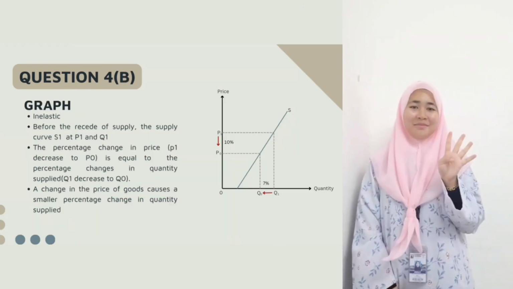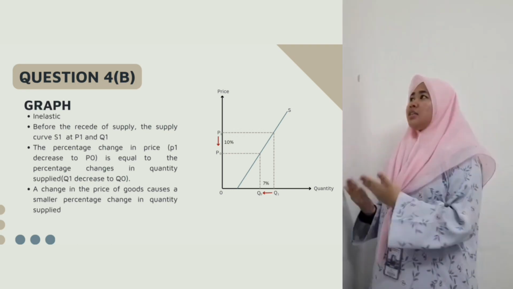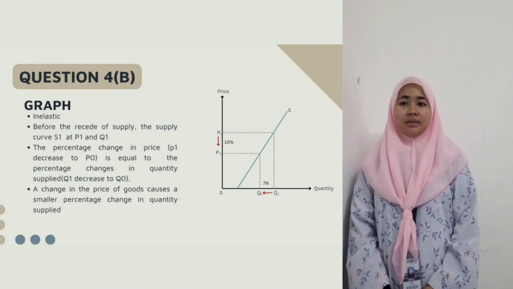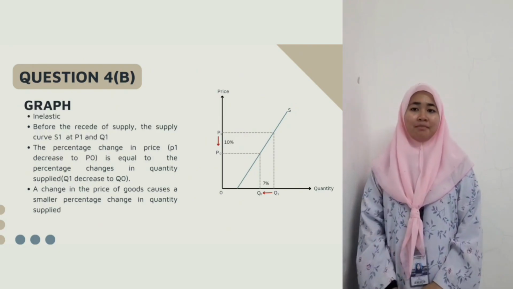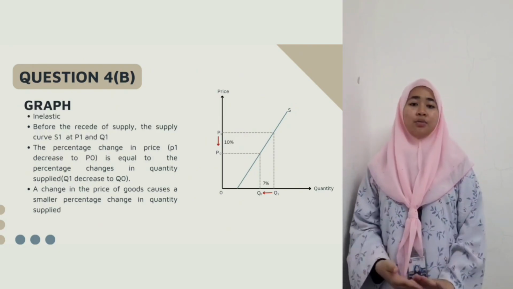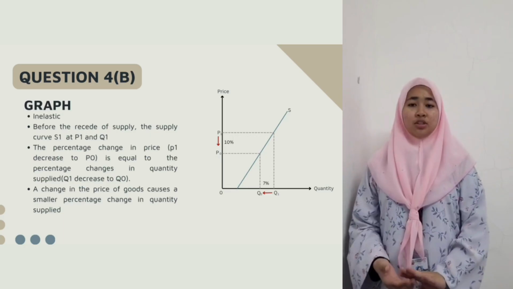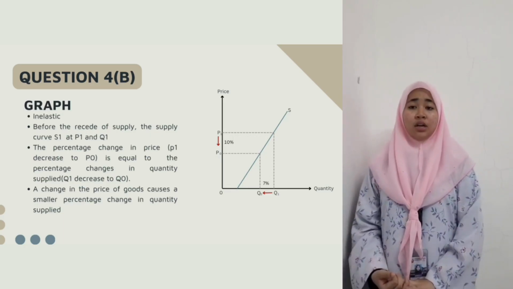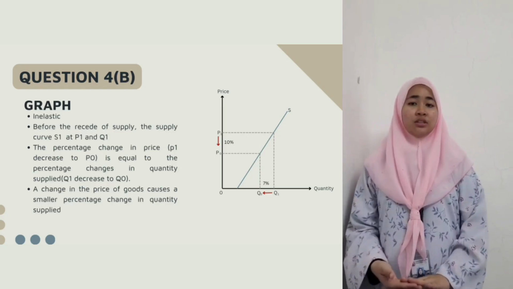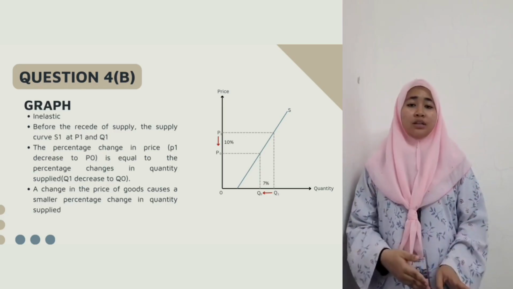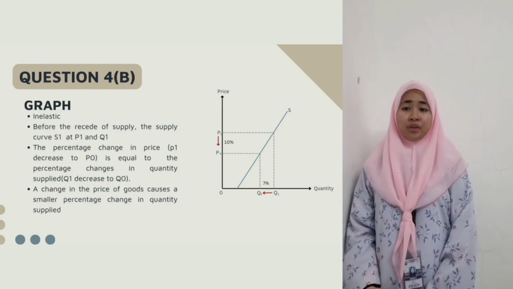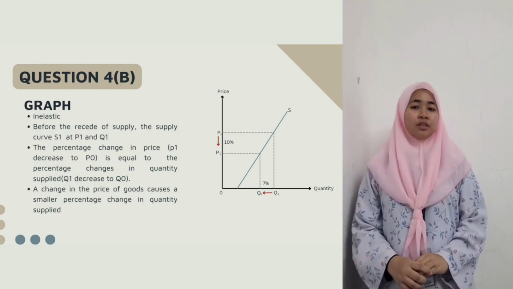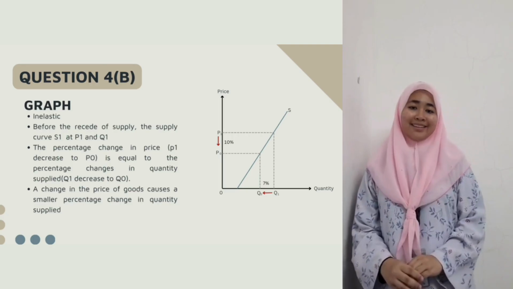Question for part B. As you can see, the graph is inelastic. Before the change of supply, the supply curve S1 is at P1 and Q1. The percentage change in price, P1 decreased to P0, is equal to the percentage change in quantity supplied, Q1 decreased to Q0. A change in the price of goods causes a small percentage change in quantity supplied.